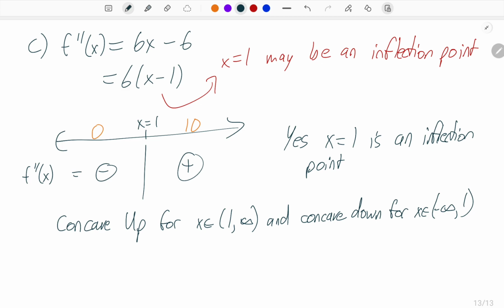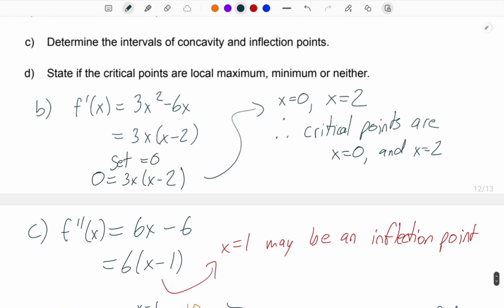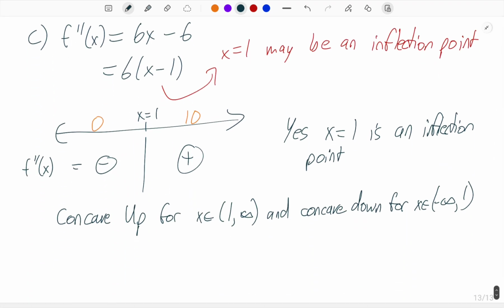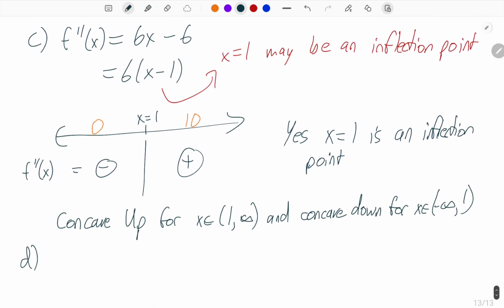So we have those two pieces about concavity. And I think the last part, let me scroll back up and make sure I'm answering the questions, is to state what the critical points are. The critical points in this case were 0 and 2.